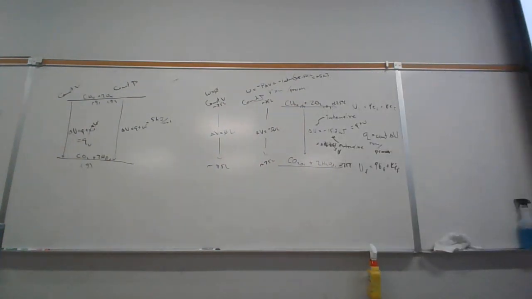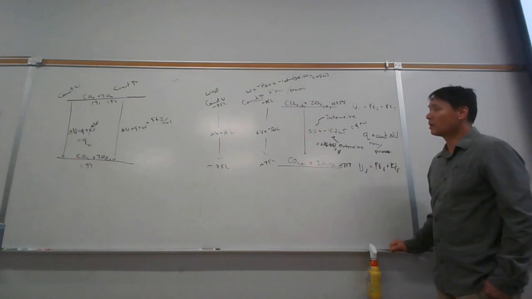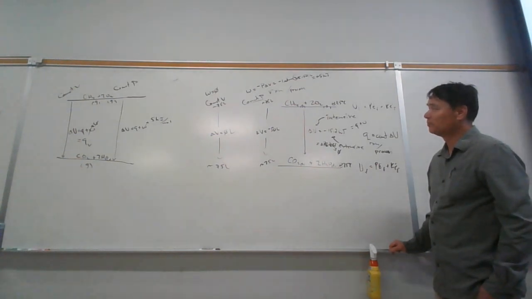But when we're dealing with measurements, we use a calorimeter. We have 2 types of calorimeter. We have the constant volume calorimeter. This is called the bomb calorimeter. In a bomb calorimeter, you use a heavy-duty metal container that can withstand low pressures and high pressures.